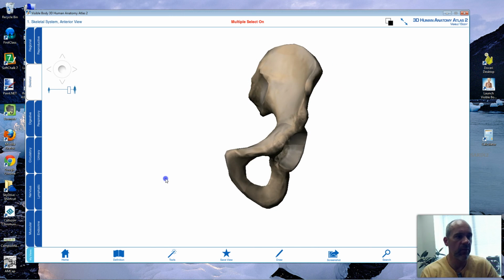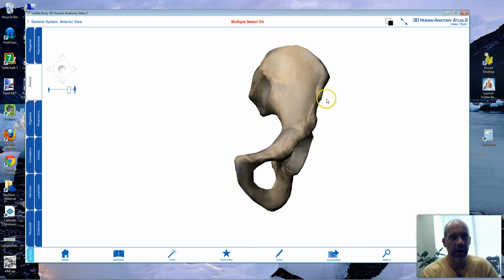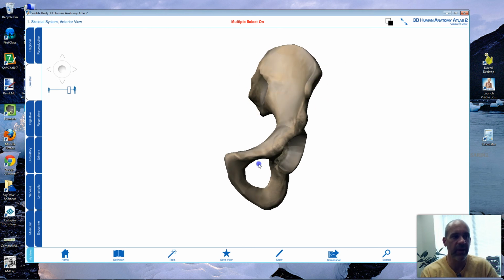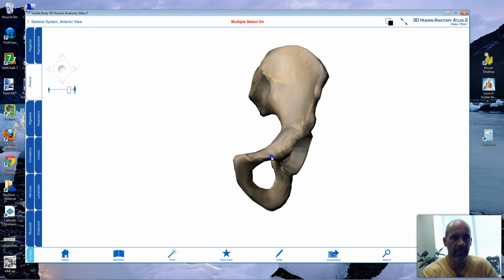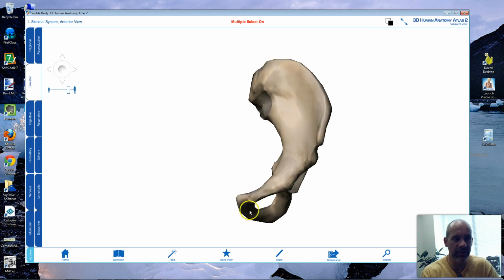All right, so if you have one sitting off by itself, the acetabulum is always on the lateral side, and the ilium sticks up in a superior direction. So if you were just handed this, you can tell, first of all, this portion of the pubis is going to curve around toward the front. That's going to be on the anterior side.